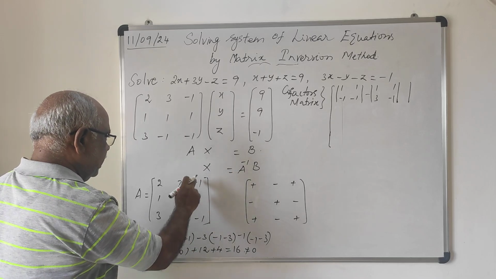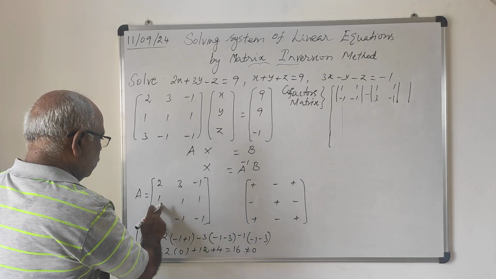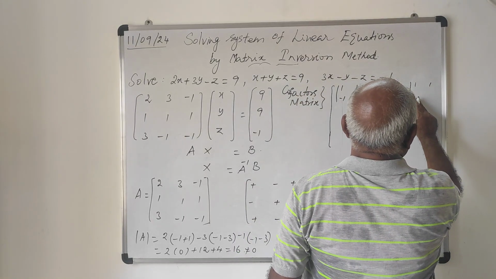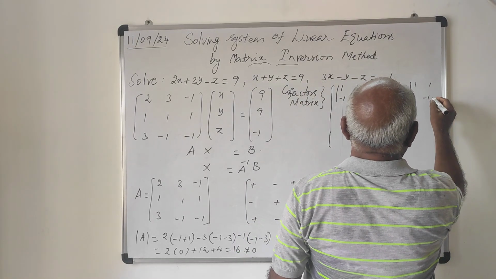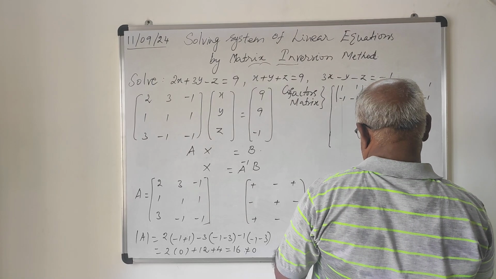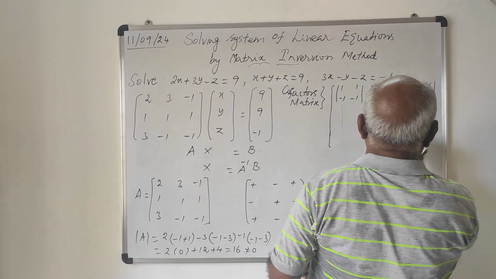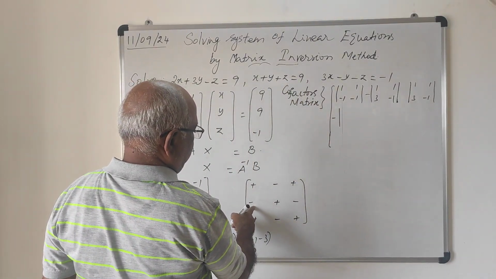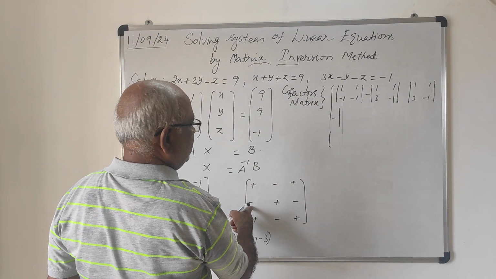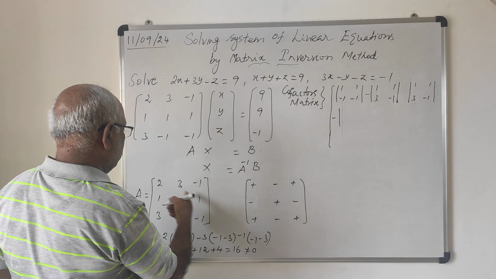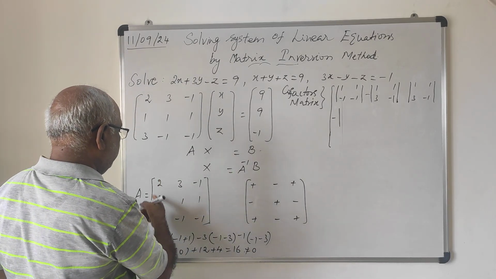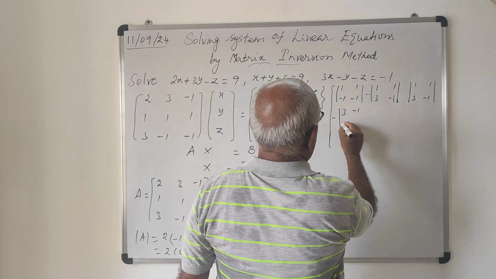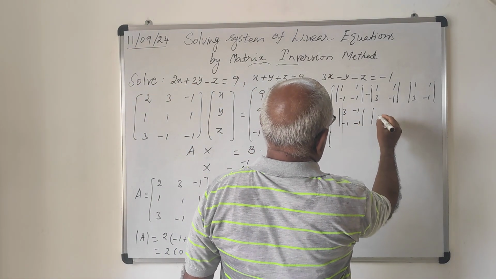Using that idea, the cofactor of -1 in the first row is plus. Eliminating its row and column, I get 1, 1, 3, -1. Next, the cofactor of the second row, first column element is minus. Eliminating the second row and first column, we get 3, -1, -1, -1. Next, the cofactor of the central element A22 is plus.